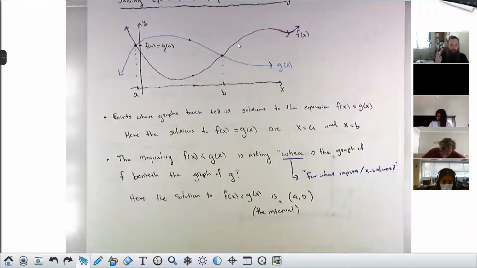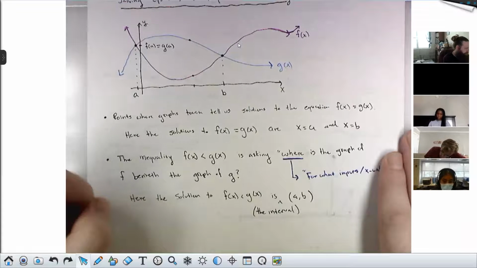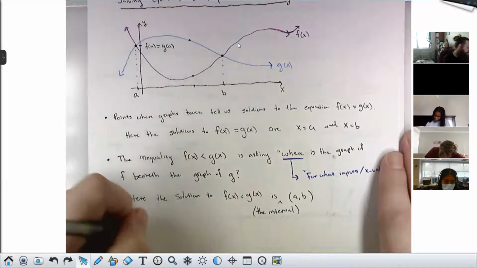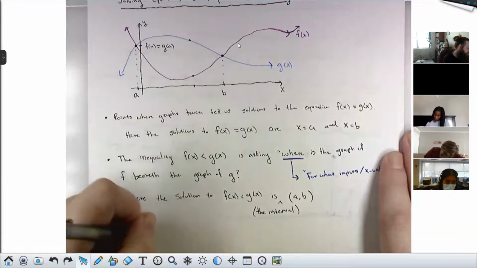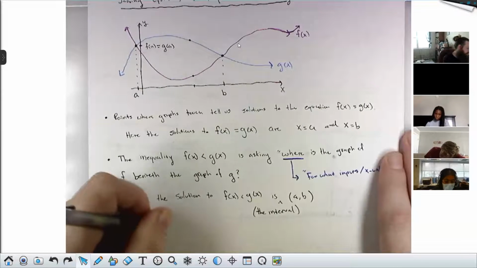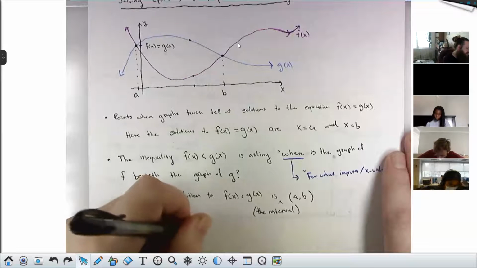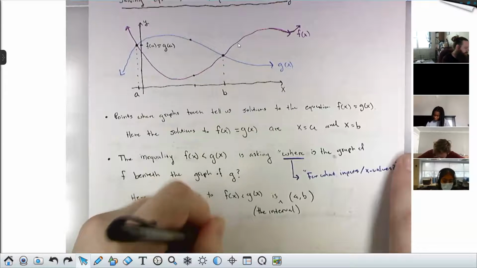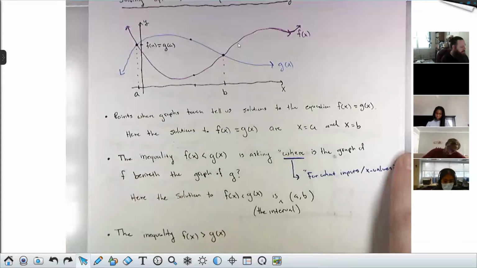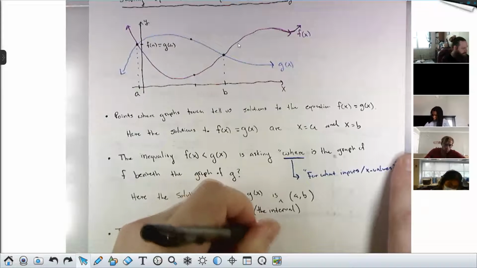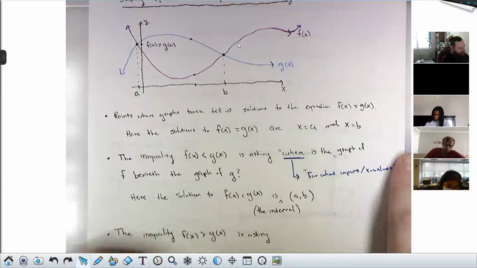And if I turn the inequality over, you can probably guess, if I had the inequality f of x is greater than g of x, this is asking, where is the graph of f above the graph of g?